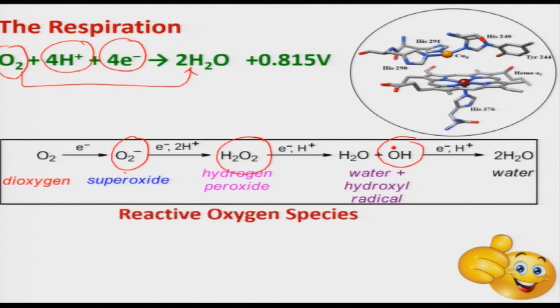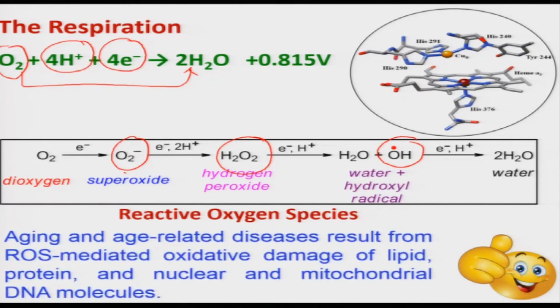Indeed, this superoxide, peroxides and hydroxyl radical are all collectively called reactive oxygen species, ROS, which are actually poisons for our body, and lots of problems come out of that.